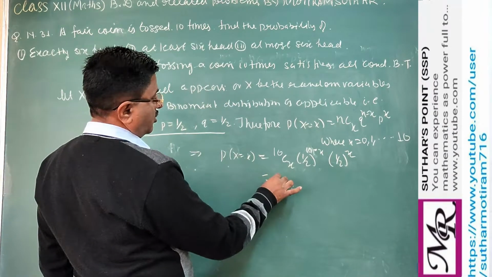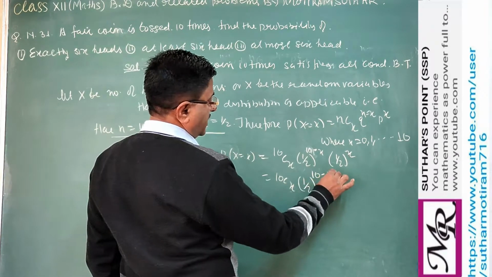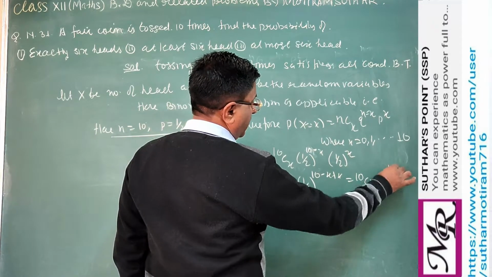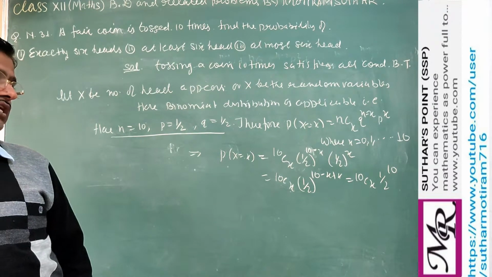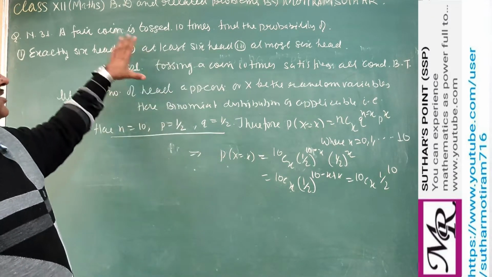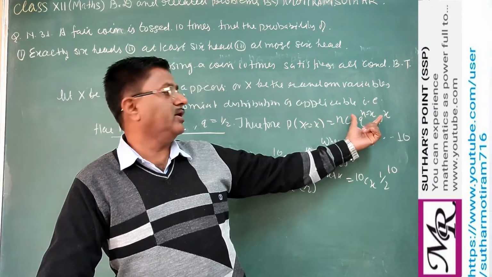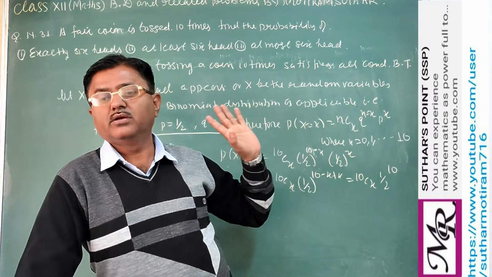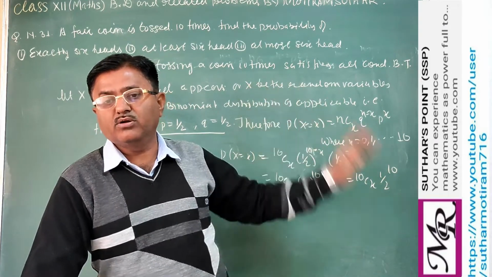So this can be simplified: 1 by 2 power 10 minus x plus x, that is 10Cx into 1 by 2 power 10. Very easy, a single term. This is only for this particular example, and the earlier formula is general, for all types. But when we put the particular values of n, p and q, we get this one. Now whatever question may be asked, we can use this directly in this example.